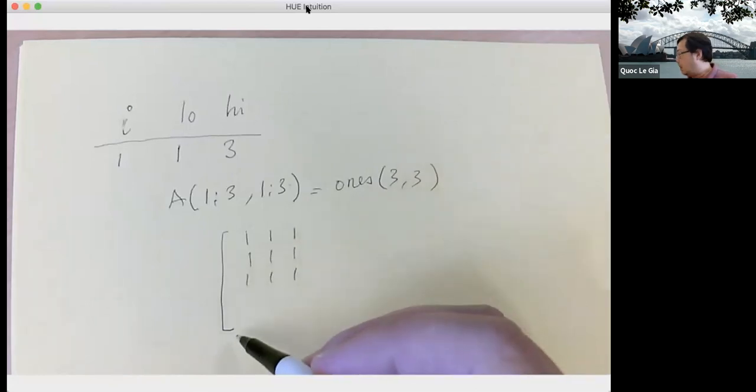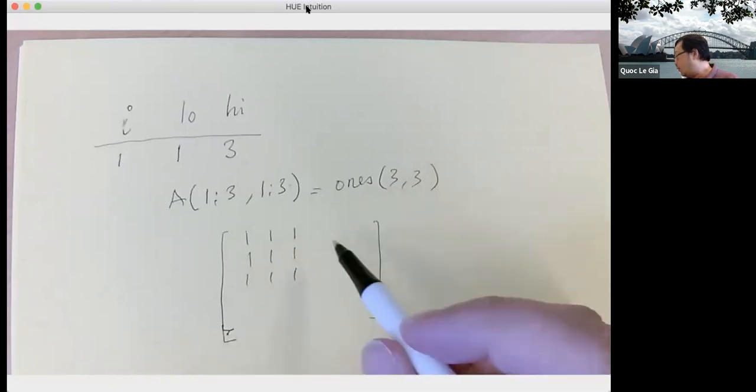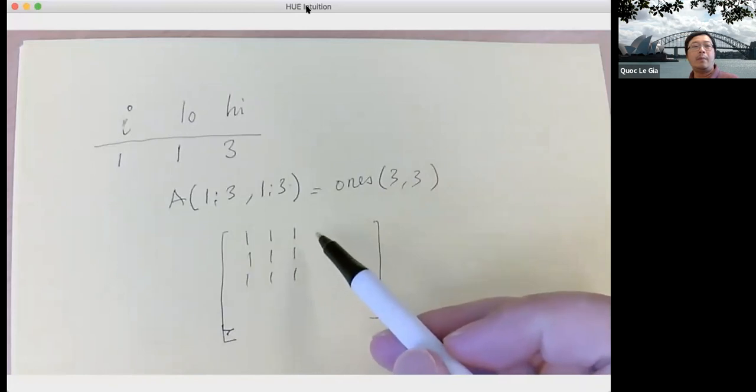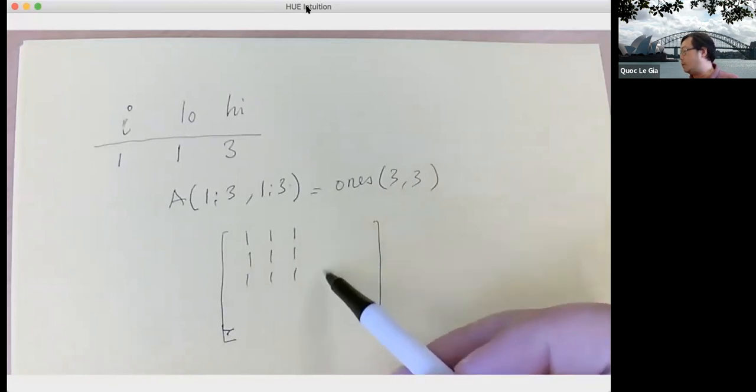And the matrix A looks like this. So what happened to the other entries? What are the values of the other entries of the matrix A?